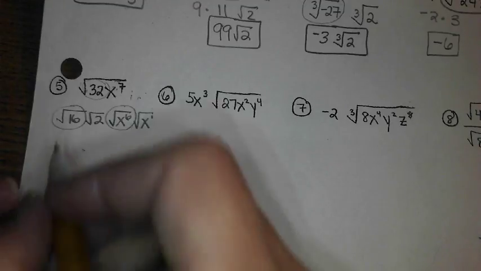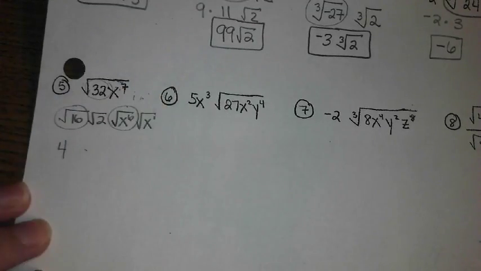So the square root of 16 is 4. What's the square root of x to the 6th, Cameron? Nope. That would be the cubed root. If I'm taking the square root of an exponent, I divide it by 2.